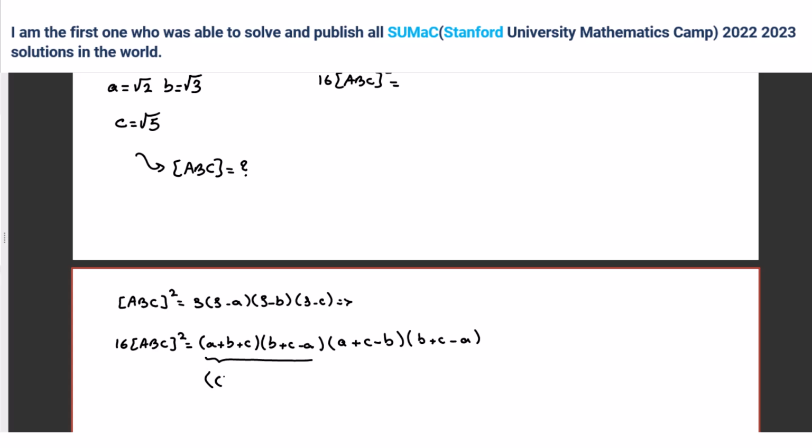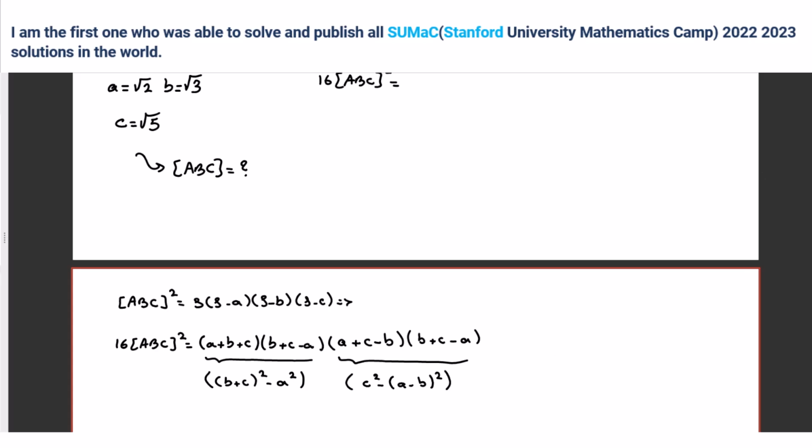B plus C squared minus A squared. What about the next one? B plus C squared minus A squared, and this is A plus B minus C, yeah, this is C squared minus A minus B squared.